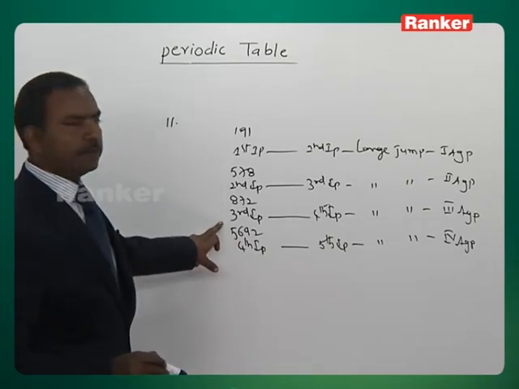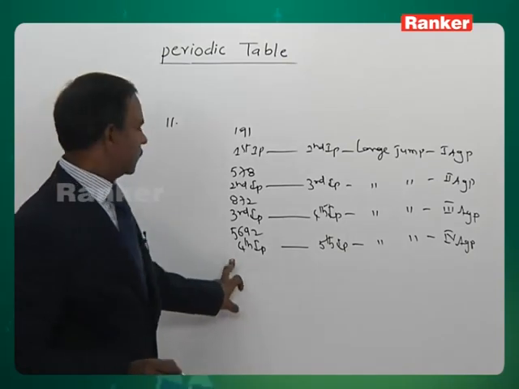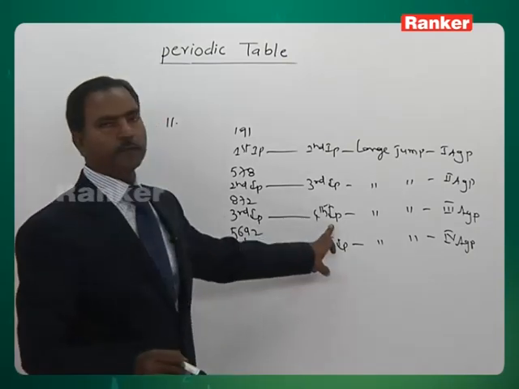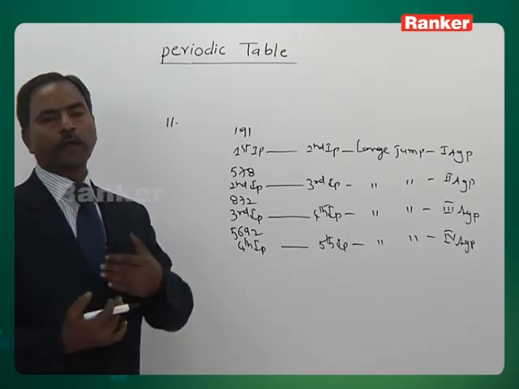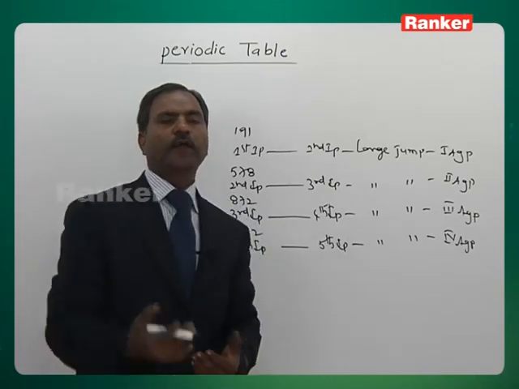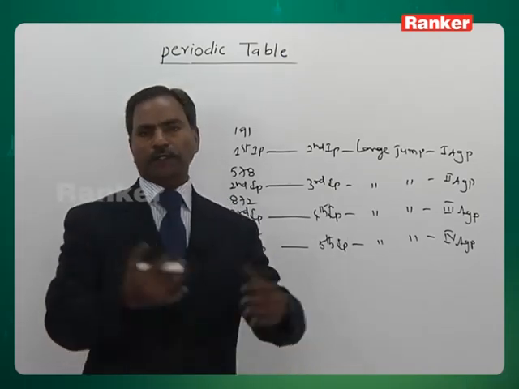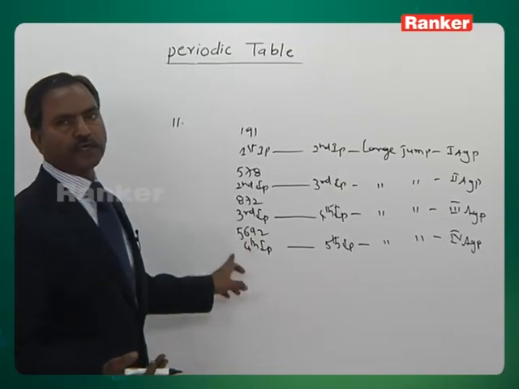Second IP to third IP, a difference is there. But third IP to fourth IP, the difference is large. Nearly double, not even double, it is many more times greater. 872 and 5692, a large difference is there.